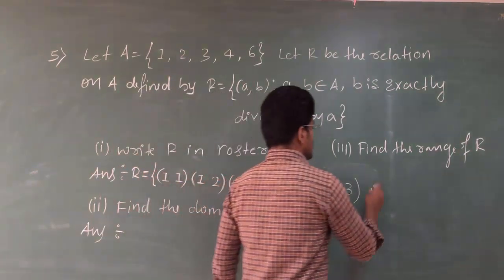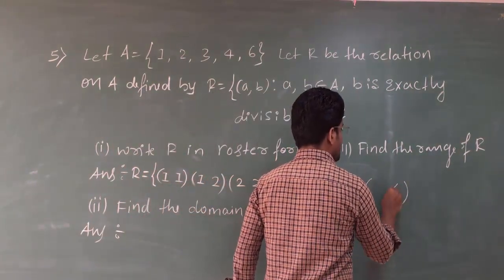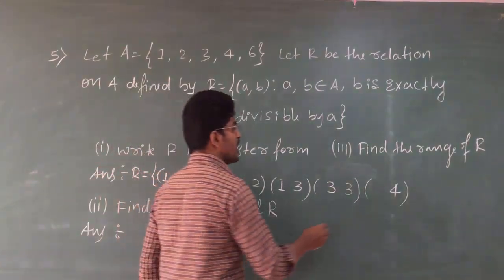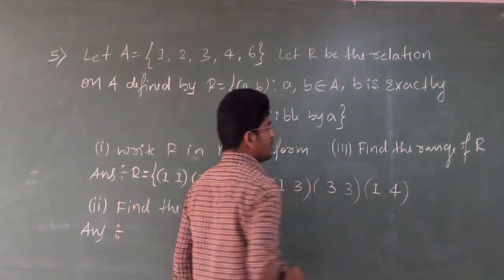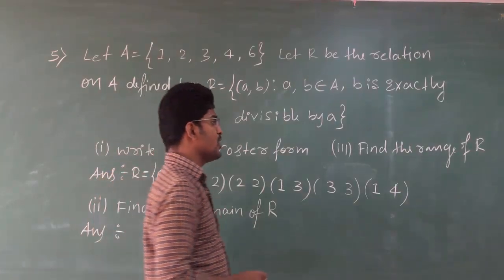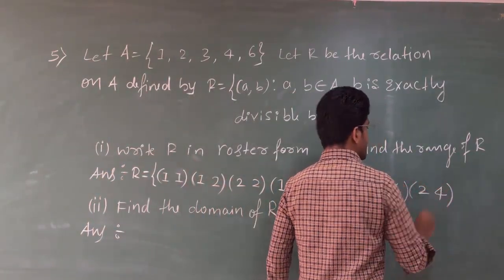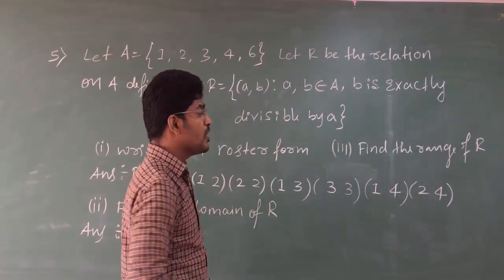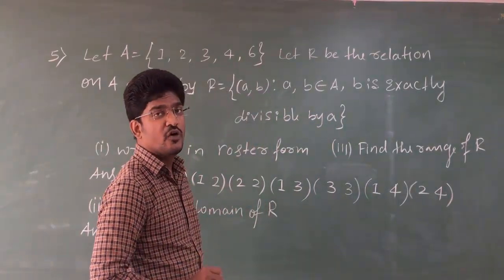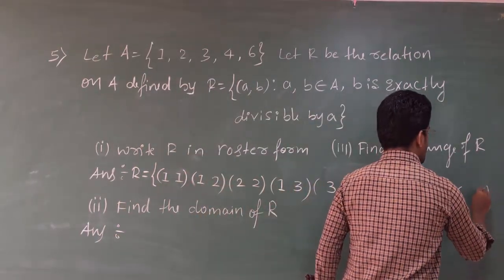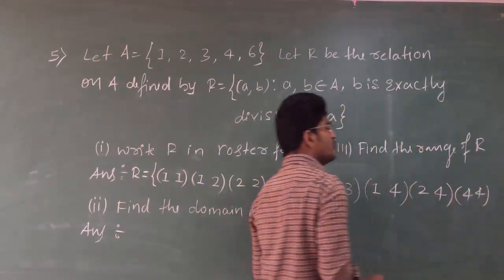Okay. Next, see, if I write 4. So now 4 is divisible by 1. No problem. Next, 4 is divisible by 2. No problem. Can 3 divide 4? No. 3 doesn't divide 4. But 4 is divisible by 4 itself.